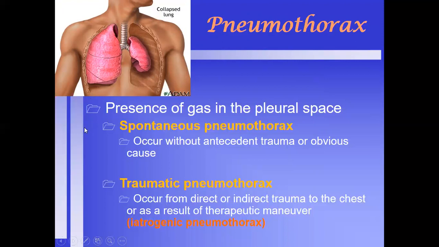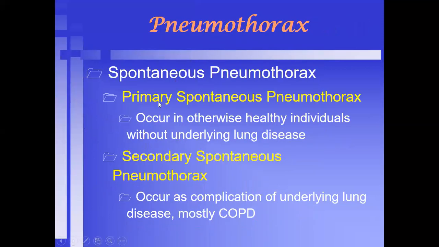So your pneumothorax can either be spontaneous, meaning there was no antecedent trauma or obvious cause, or it can be traumatic, meaning there was a direct or indirect trauma to the chest, or it could also be due to a therapeutic maneuver, such as your iatrogenic pneumothorax. So pneumothorax can be spontaneous, no underlying cause or trauma. It can either be primary spontaneous or secondary spontaneous.